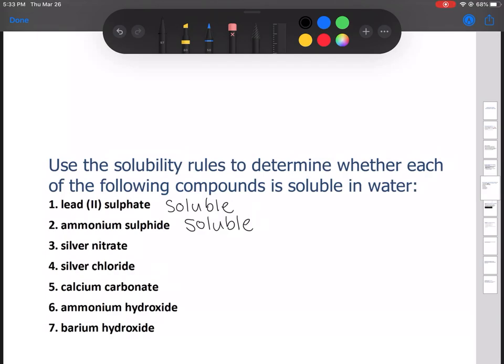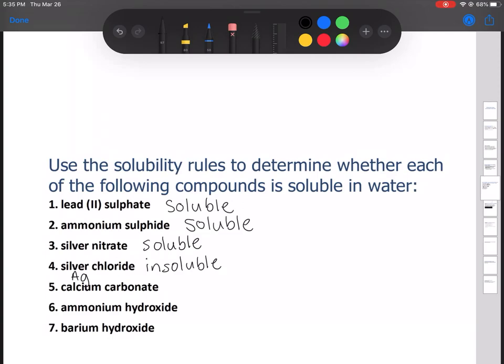Again, nitrate is row number 3. Anything plus nitrate is soluble. Then chloride has 2 rows. So you look for silver chloride. Unfortunately, silver has a weird symbol. It's Ag. So that is the first one listed there in the insoluble row.